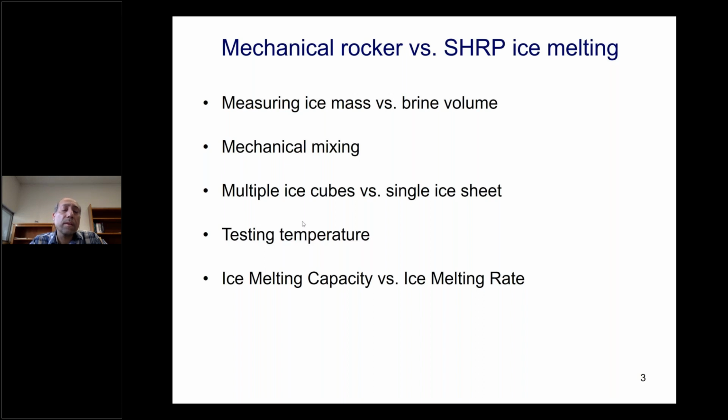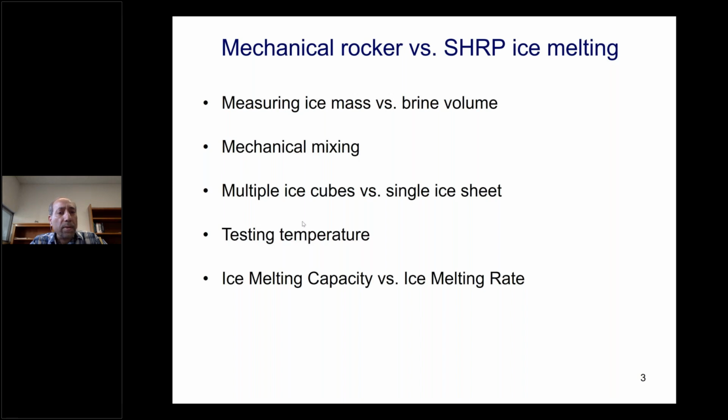But in the SHRP, we have just a single layer of flat ice. So as I said, having multiple ice cubes can be better in terms of simulating the real conditions.